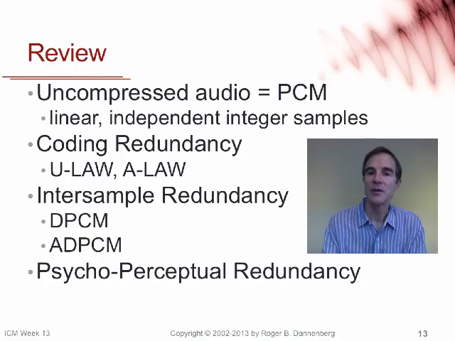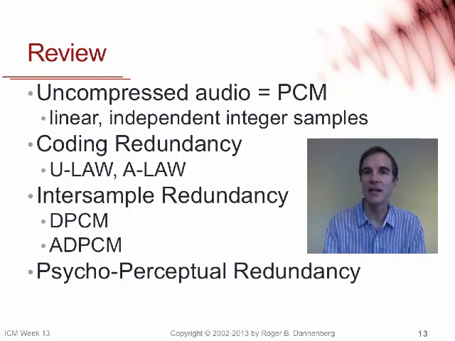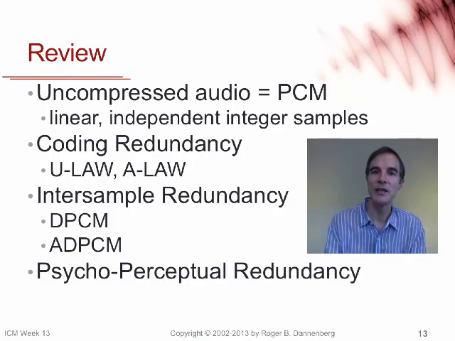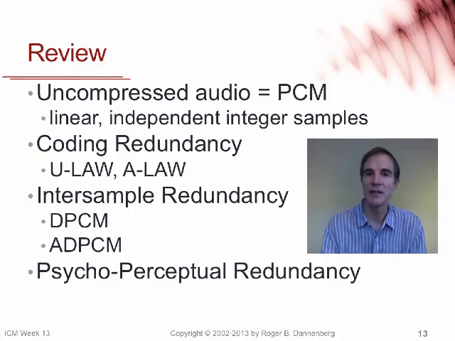We talked about inter-sample redundancy, delta PCM and adaptive delta PCM, which try to exploit the fact that signals are generally continuous and have small changes from sample to sample. And finally, we mentioned psychoperceptual redundancy as a third area. And in the next lecture, we'll look at MP3 encoding and how psychoperceptual redundancy plays a big role.